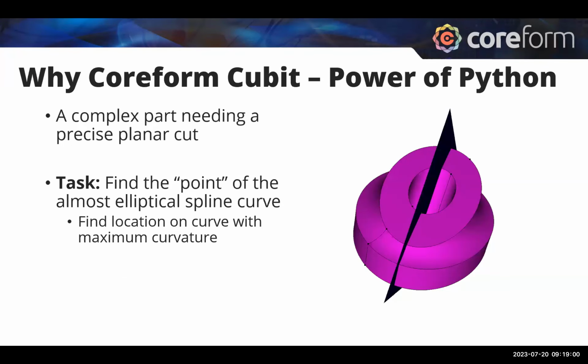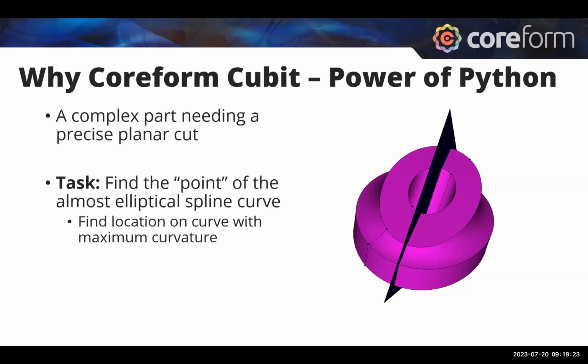But I want to talk a little bit about that power of Python, which really I think is what allows you to reach the full potential of Cubit as a hex mesher. So in this case, there's a complex part, a pipe coming into a circular vessel, and it has this complex fillet at its interface.